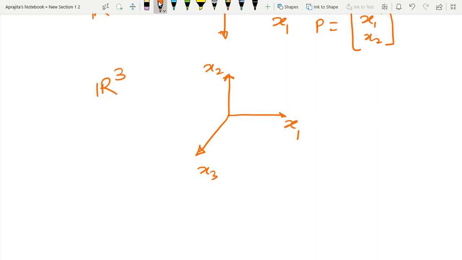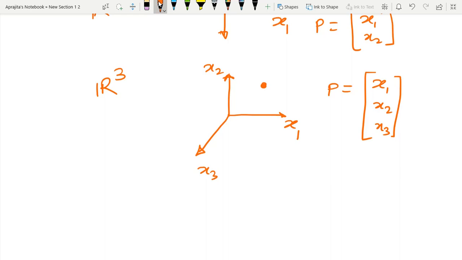So any point P on this space can be written like this. So R3 contains all column vectors with three components. This is called three-dimensional space.